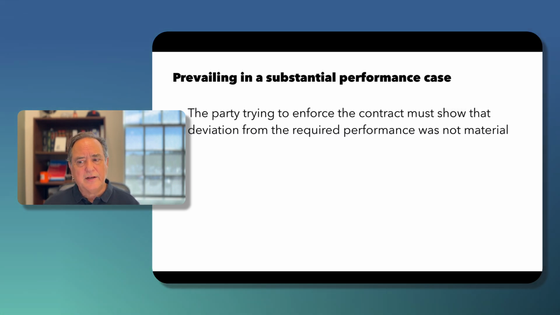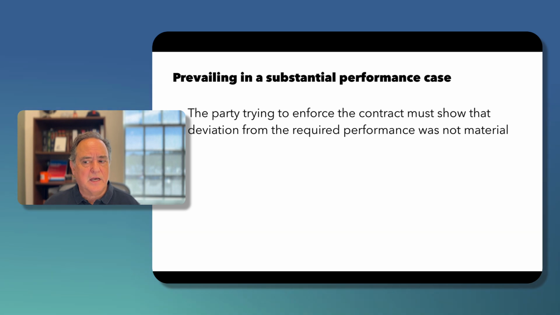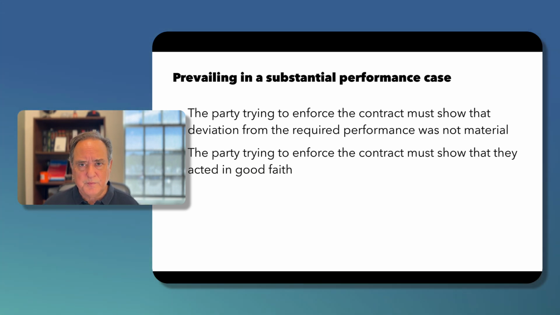The party trying to enforce the contract must show that the deviation from the required performance was not material. Material, meaning important, meaning an element of the contract. Now, the party seeking to enforce the contract must also show that they acted in good faith.